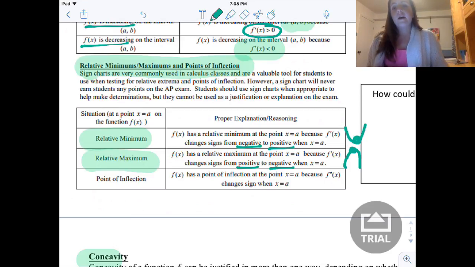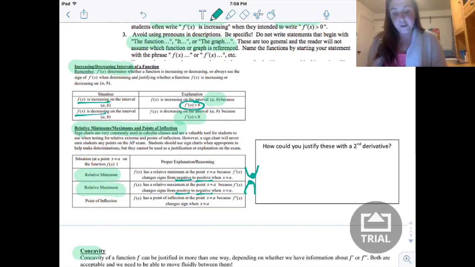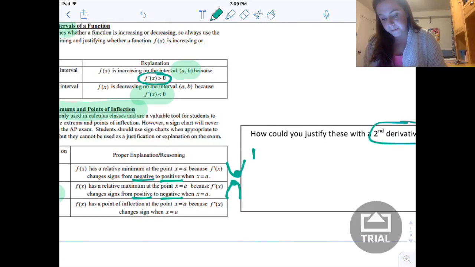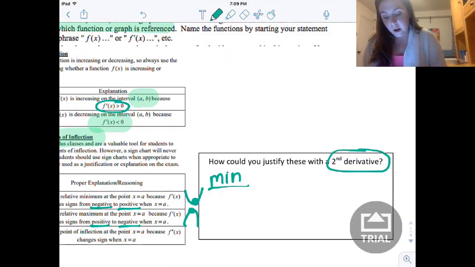Points of inflection we'll talk about in a second, but let's talk about relative mins and maxes if you just had the second derivative, because this goes back to what we know about concavity. So there will be a relative minimum if we know, first of all, that there's a critical value. So f prime of a equals 0 or DNE.